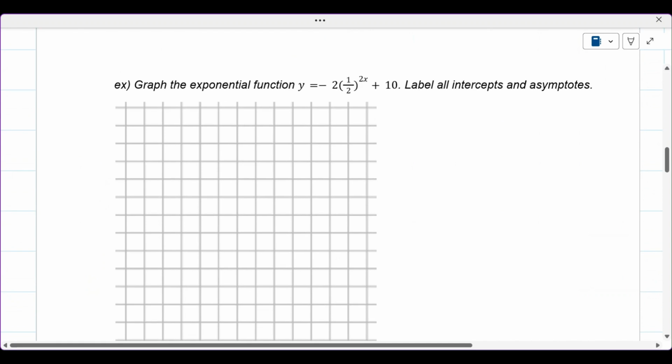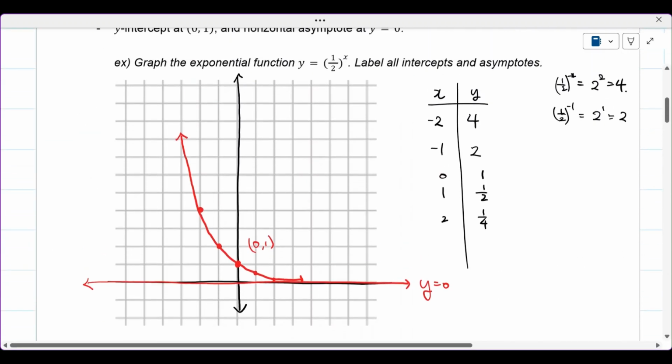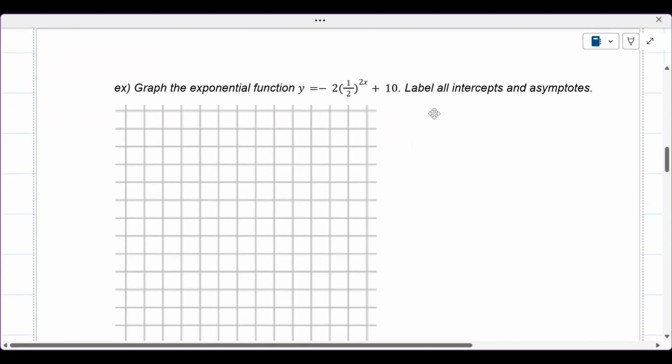This one, we're graphing the exponential function y = -2(1/2)^(2x) + 10. So we have some transformations here. Compared to the previous graph that we just had, I think we can label this into multiple parts: the vertical, horizontal, SRT. Remember this table?